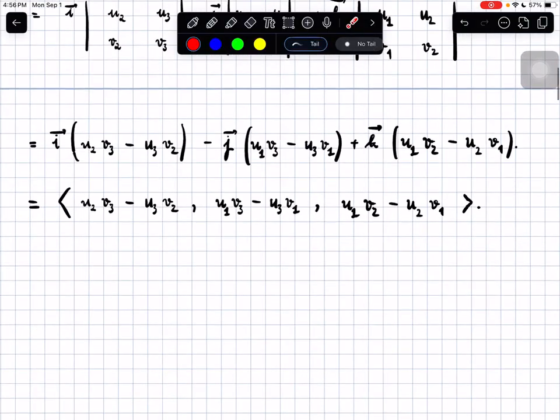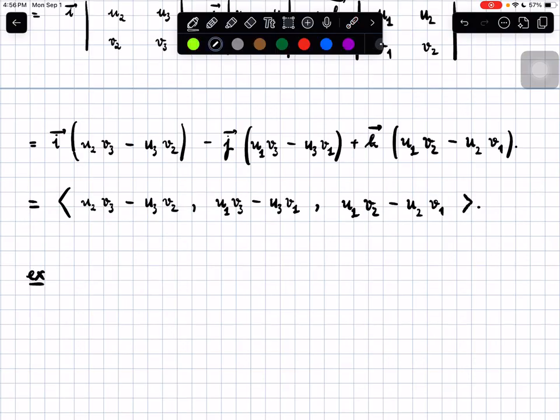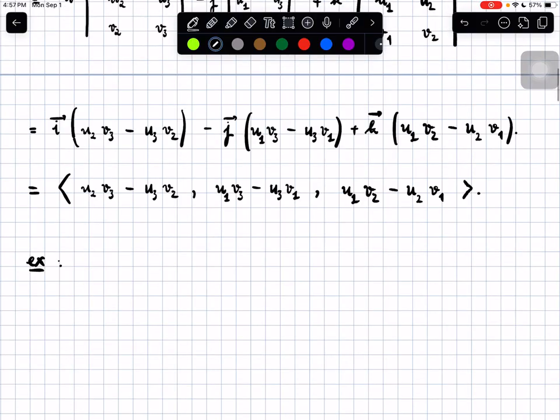Here's an example. Say we have vector u and vector v as follows. Vector u is (0, 4, 4). Vector v is (4 square root of 2, 4, 4).